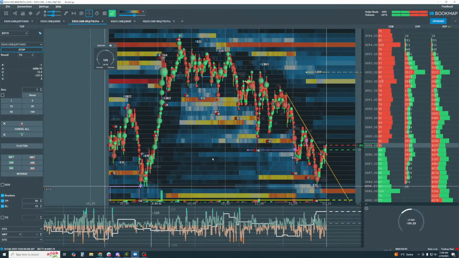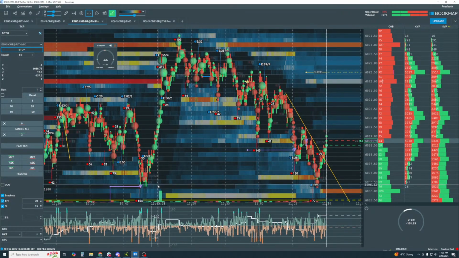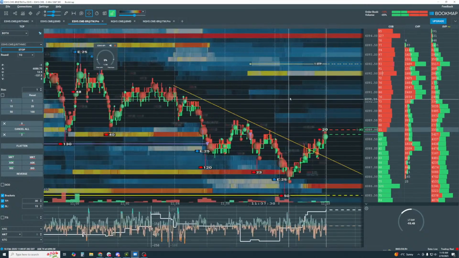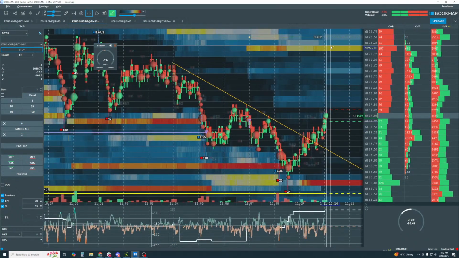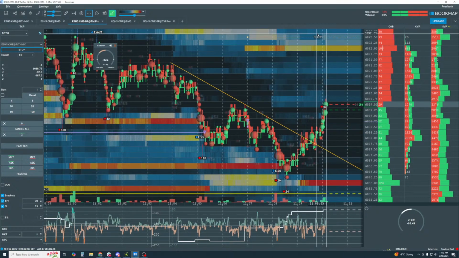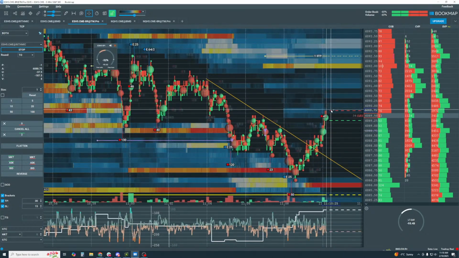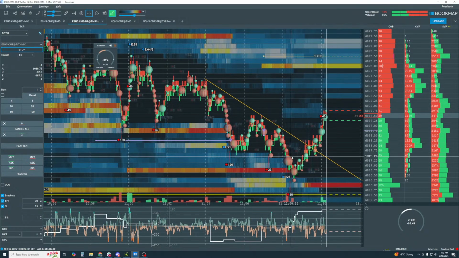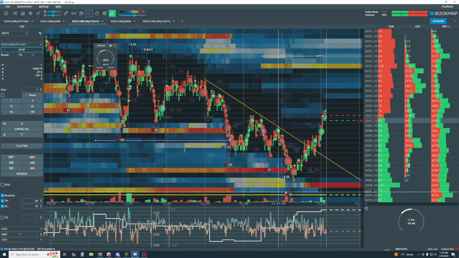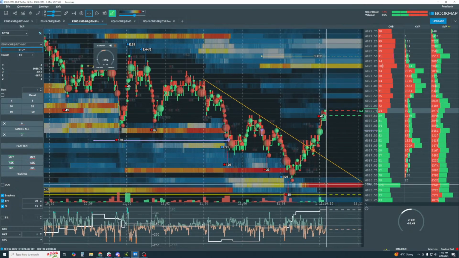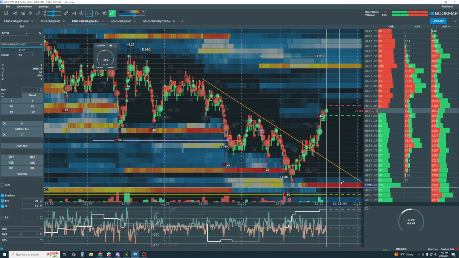Okay, we came down to this swing here that we were previously stopped out on. So yeah, I probably should have taken some profit down here. I wanted to see the move to the POC here, but we didn't get it.